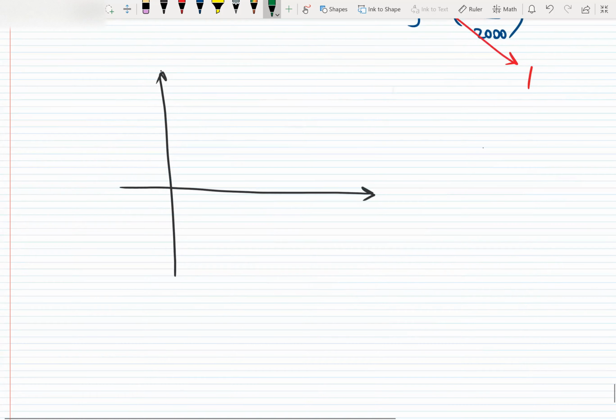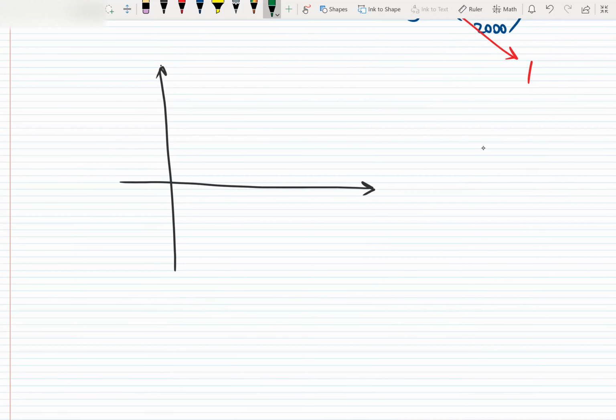Okay, so let's just sketch this signal. We'll start from 5 and go toward negative 10.